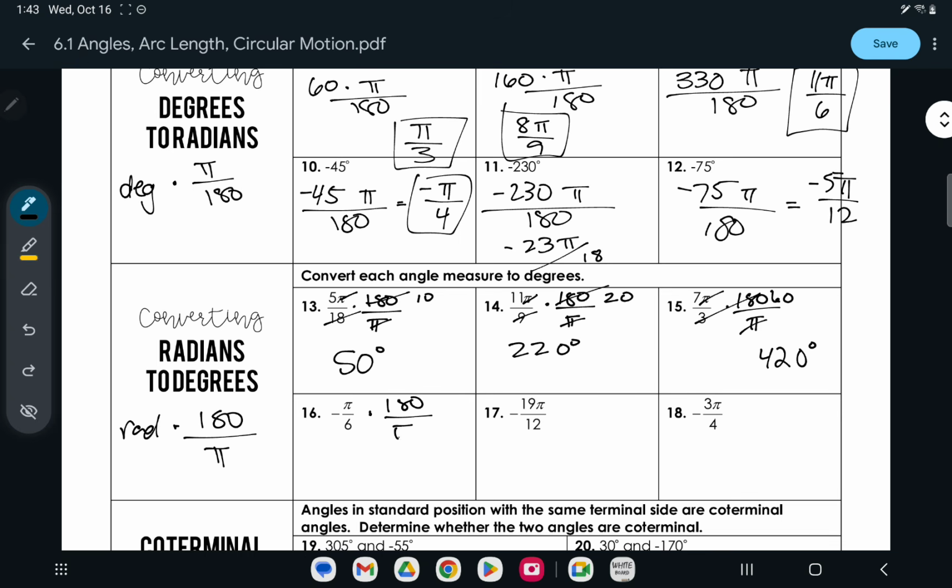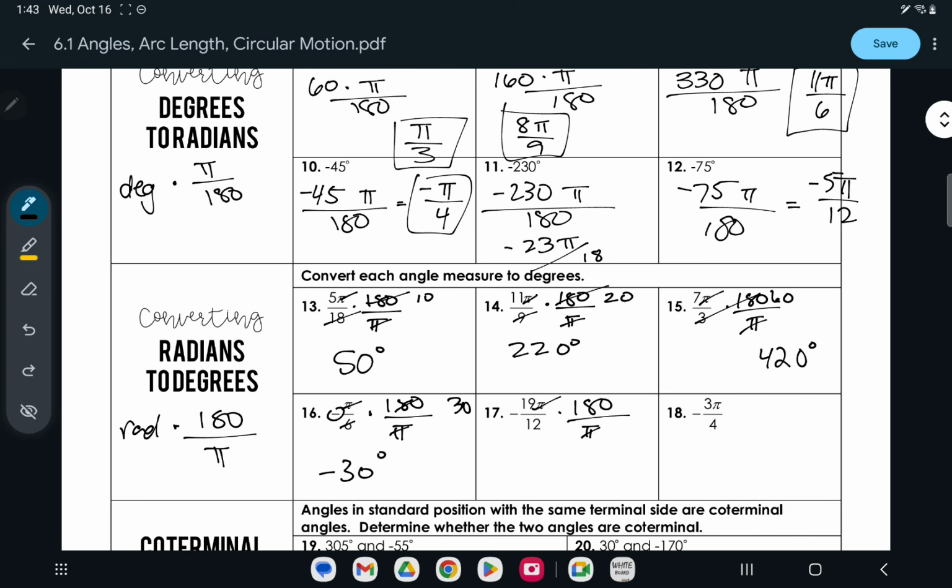Times 180 over pi, the pi's will cancel, and this leaves me with 30. Don't forget the negative sign, so negative 30 degrees. Next, times 180 over pi.